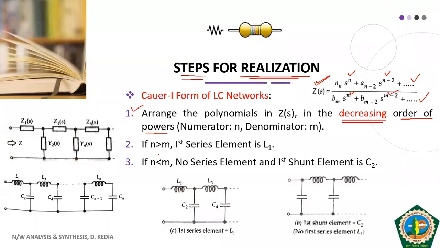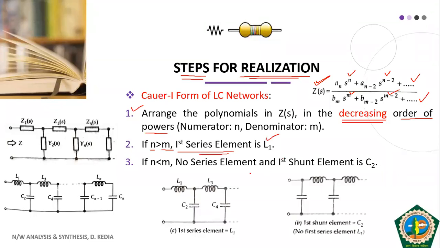In order to identify the first element of the network, we have to check the values of n and m. n means the power of s in the numerator, and m means the power, or degree, of the denominator. If the degree of the numerator polynomial is greater than the degree of the denominator polynomial, then we will straight away say that our first series element will be an inductor.